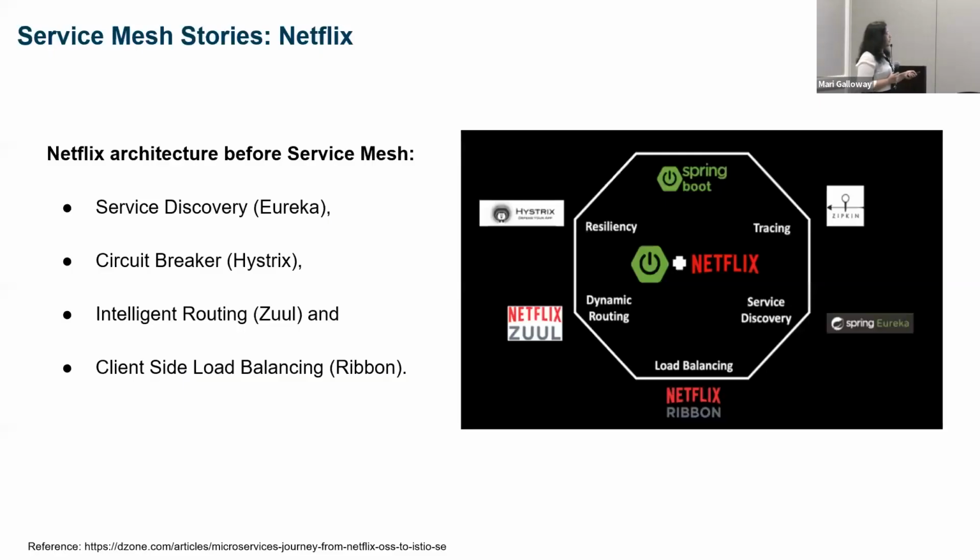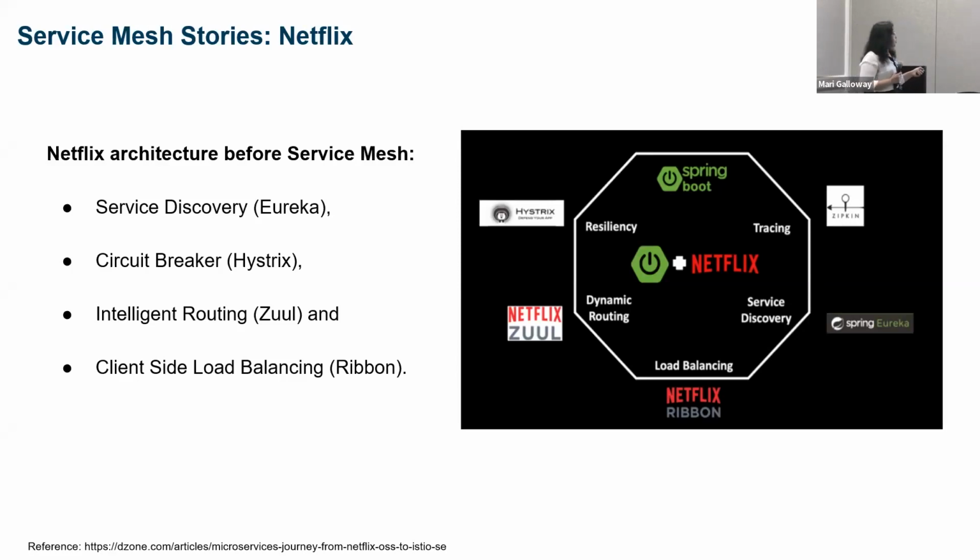So that brings us to the end of my presentation, but I just want to leave you with a few snippets that you may want to go back and research. There are several companies that have gone through this journey. Netflix was one of the companies that adopted microservices early on, and they went through their journey and have adopted a service mesh. You can read up about their journey on the internet. It's a very fascinating journey.